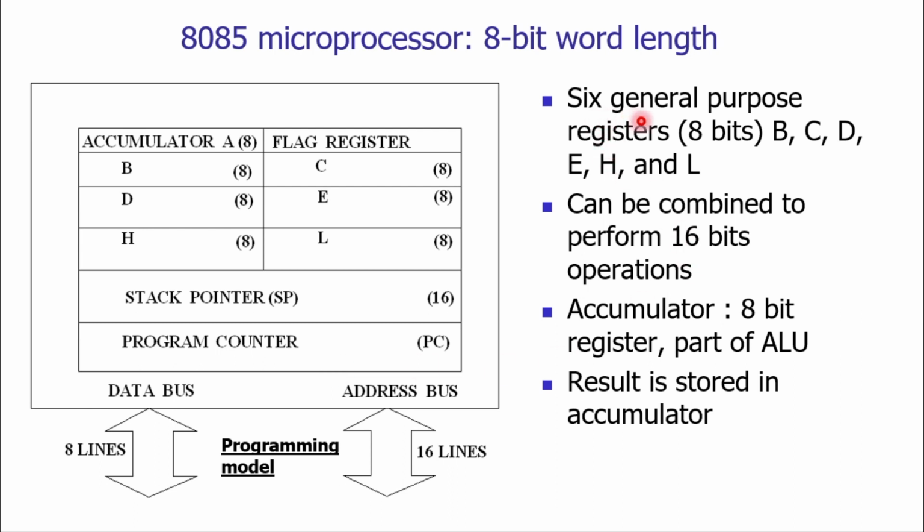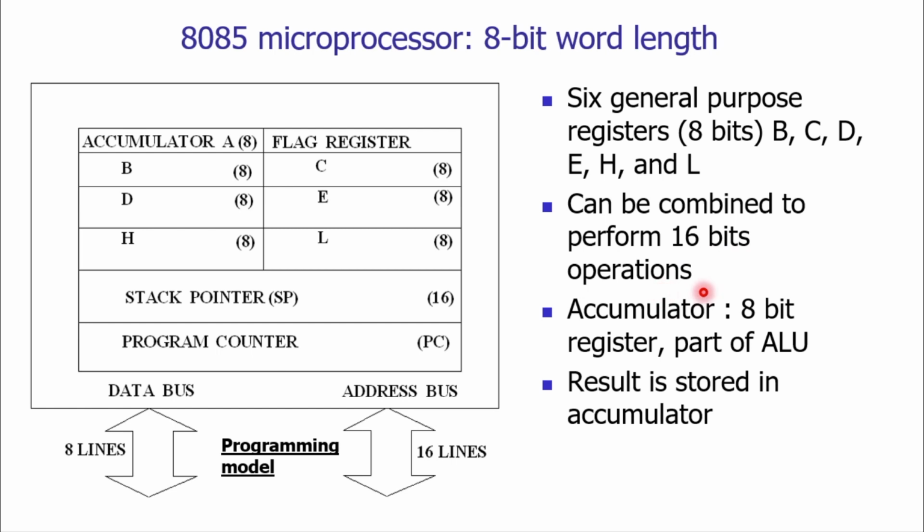It has 6 general purpose registers: B, C, D, E, H, L. These general purpose memory elements can be combined to perform 16-bit operations.